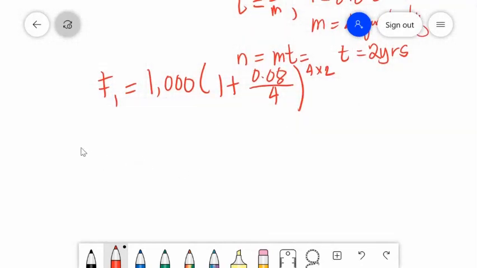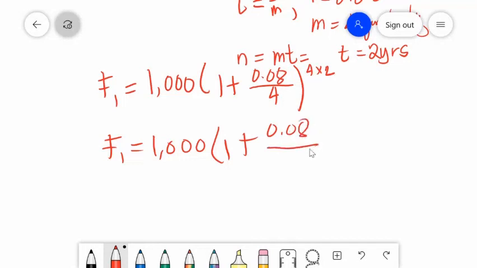So F1 is 1,000 pesos multiplied by 1 plus 0.08 divided by 4, raised to 8.